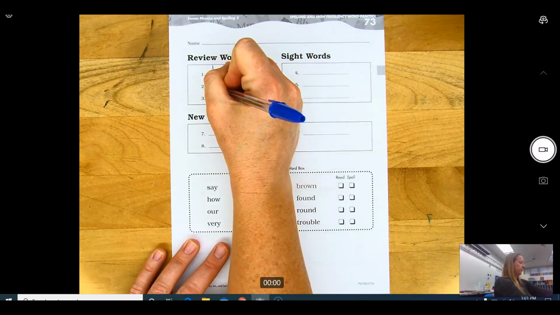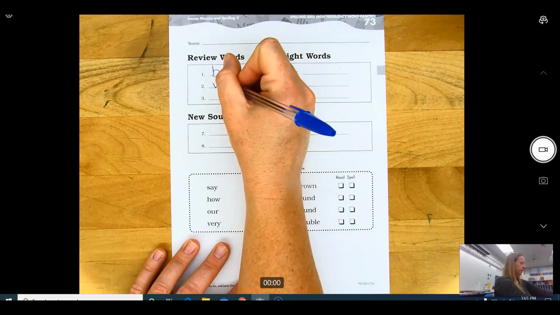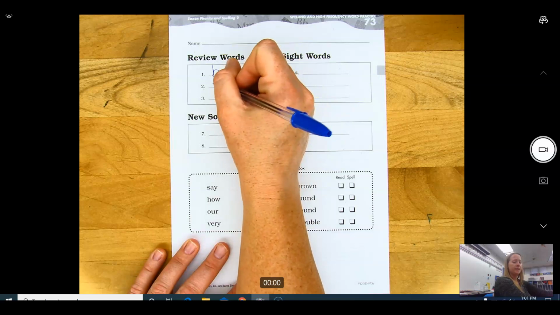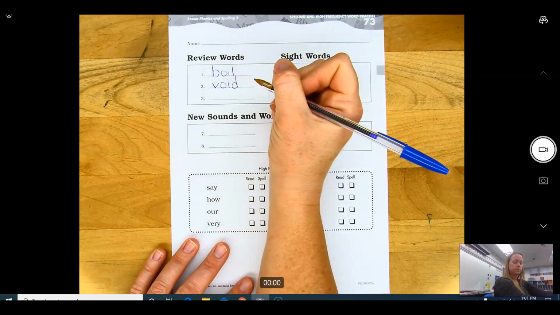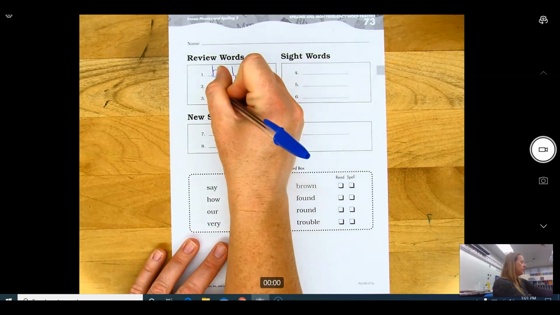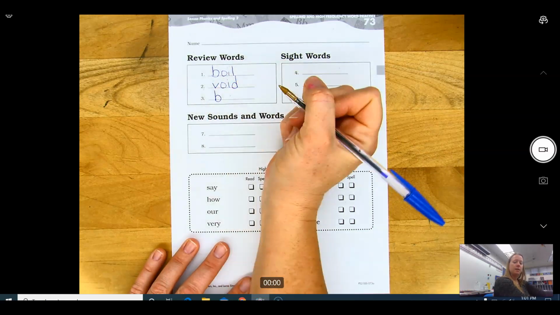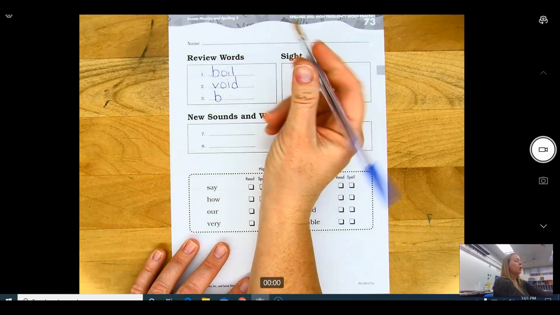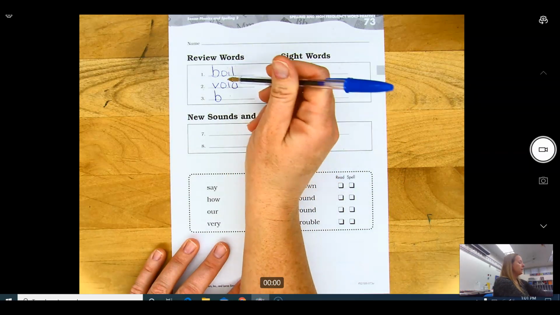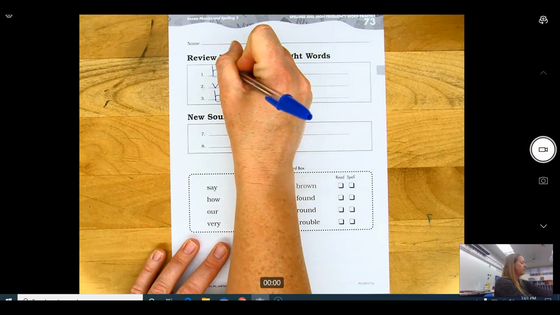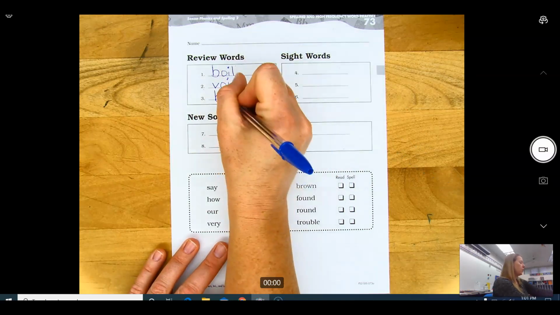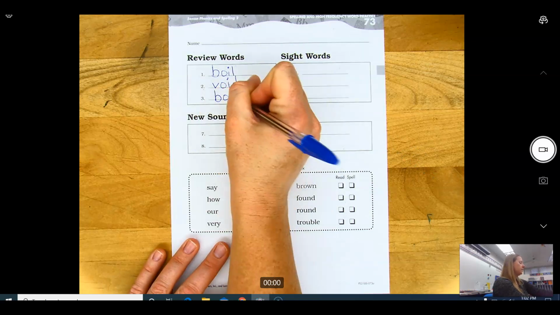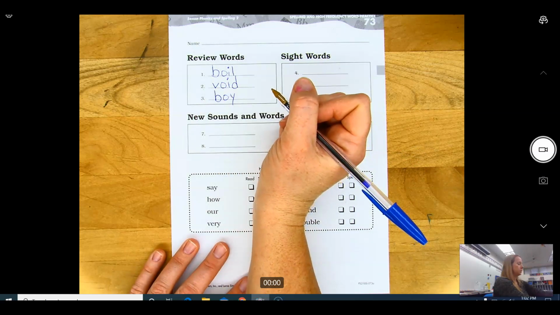V, I hear the V sound with the oi sound. O-I. Void. And then boy. B-O-I? No. So O-I comes in the initial or medial part of the word, and then O-Y, oi, comes in the final position of the word.